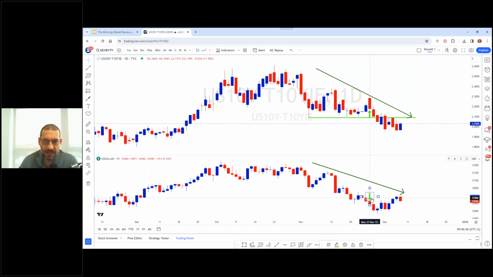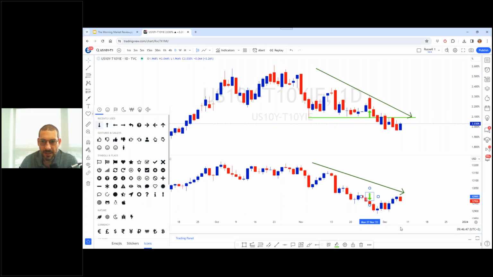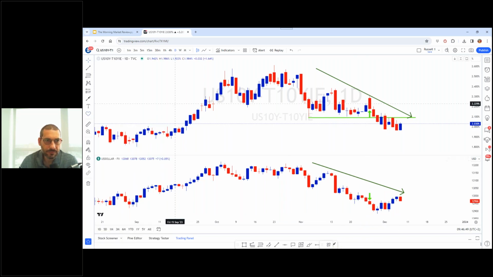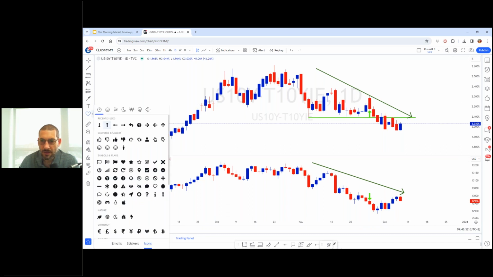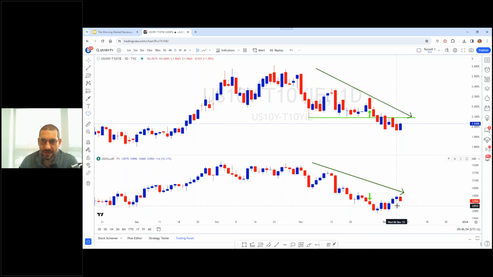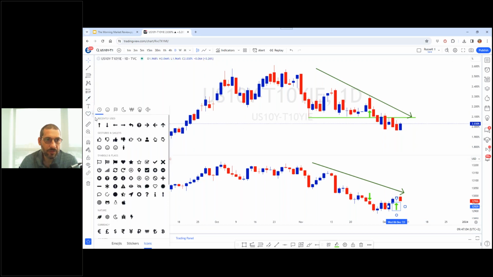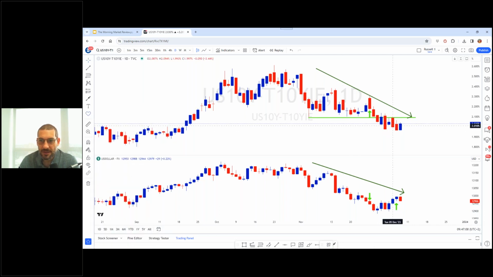So now we've got a different type of divergence here. And let's just bring that in. So you can see that the dollar has moved up just over the last 3 days, and you've got the real rate, which has actually moved sideways here.